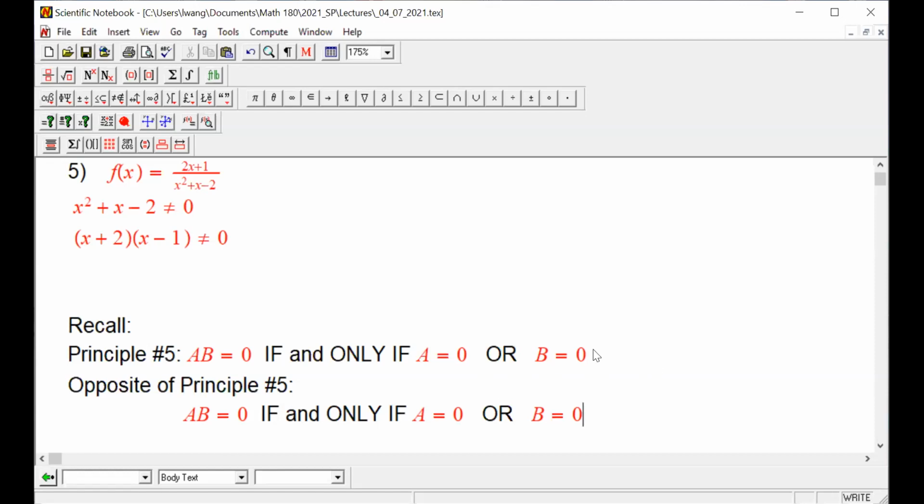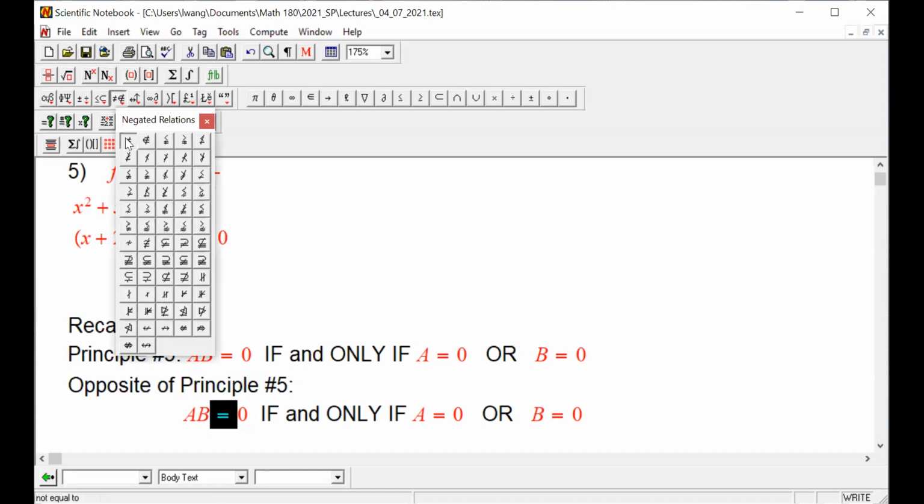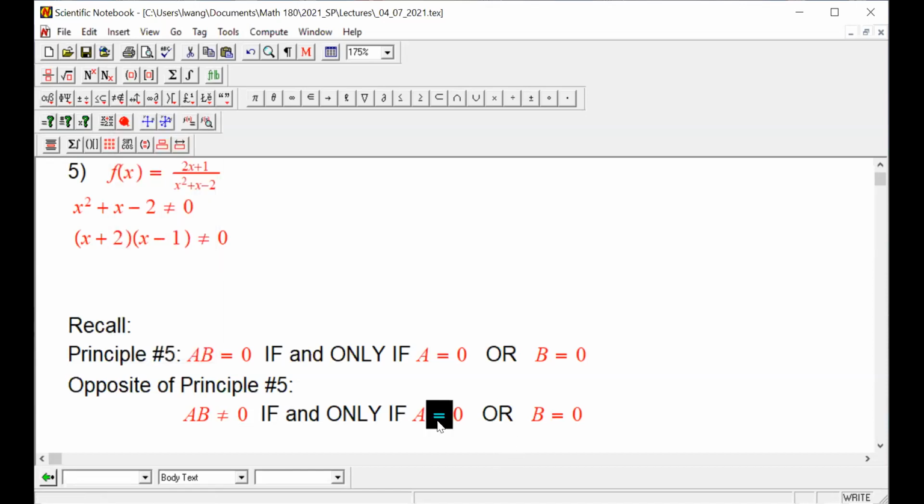What's the opposite of continuous? A function is continuous, right? What's the opposite? It doesn't have a limit. What's the opposite? It is not differentiable. You need to think of those questions. The opposite will be, this is not 0, and this is not 0, and the "or" is going to turn to "and". You guys follow me?